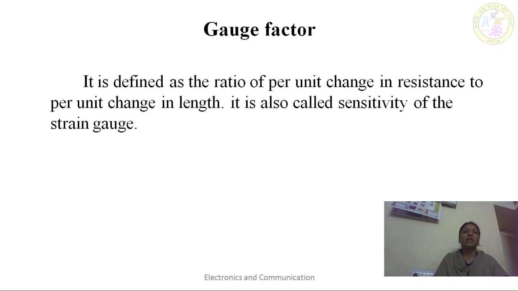The pressure, force, tension applied is directly equal to the dimension change in that wire. Therefore, the dimension change means the length is changed. So the gauge factor is defined as the ratio of per unit change in resistance to per unit change in length.